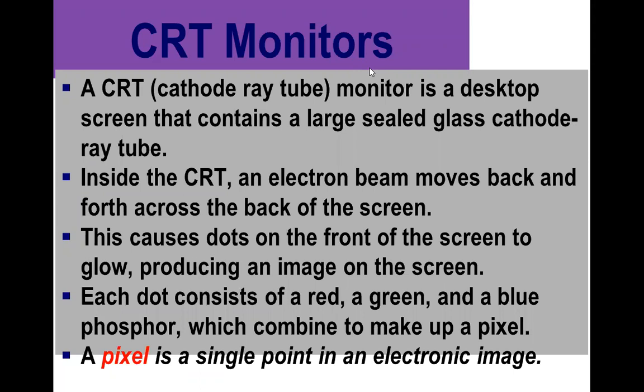So when they produce light, the screen displays. Each dot consists of a red, green, and blue phosphor, which combines to make up a pixel. A pixel is a single point in any electronic image. Any single point is called a pixel.